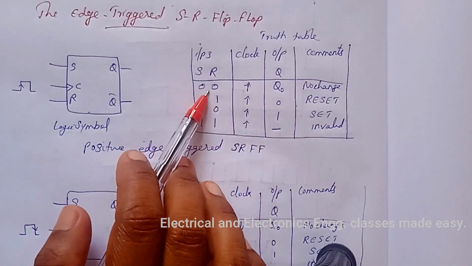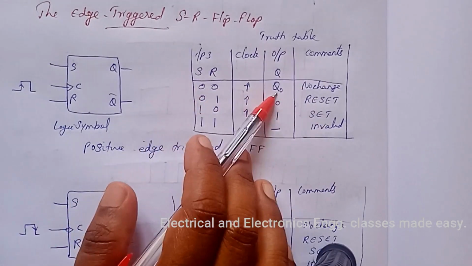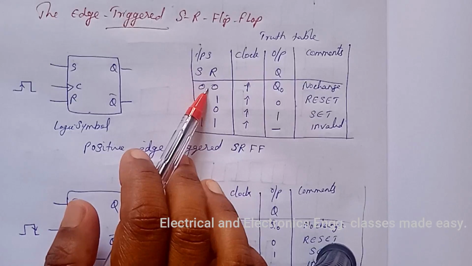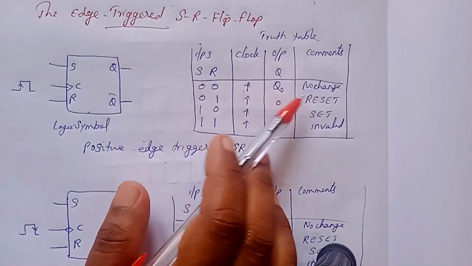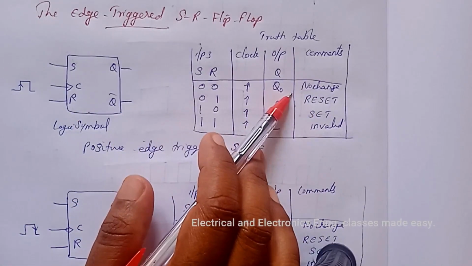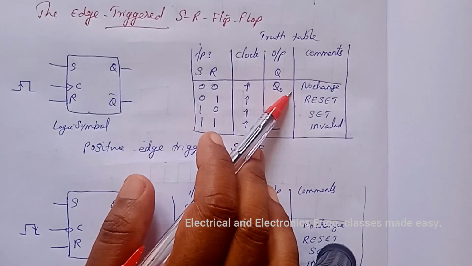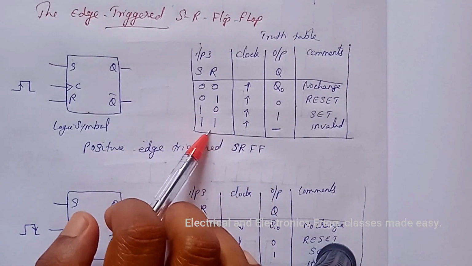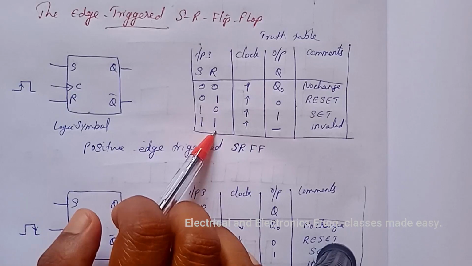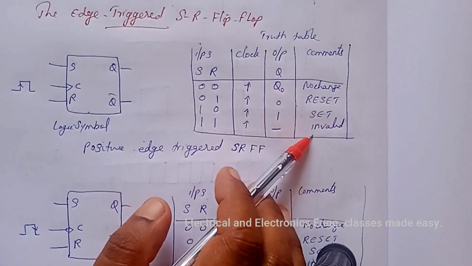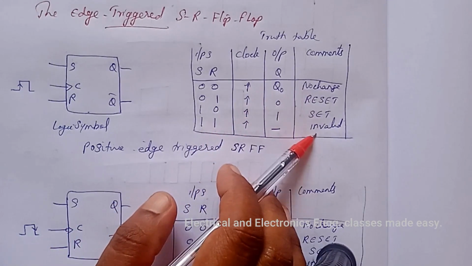When both S and R are low, the output does not change from its prior state. And when both S and R are high, then the output is in invalid state.